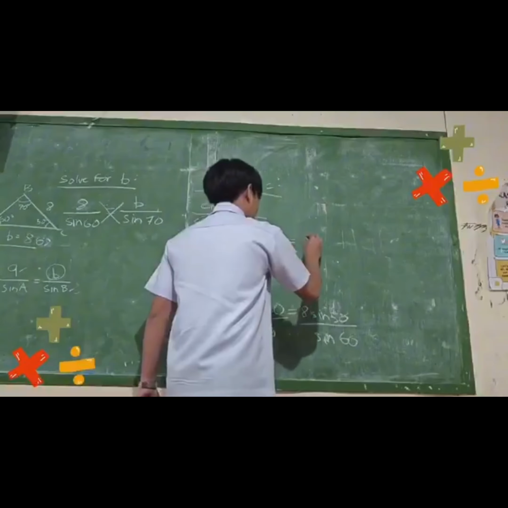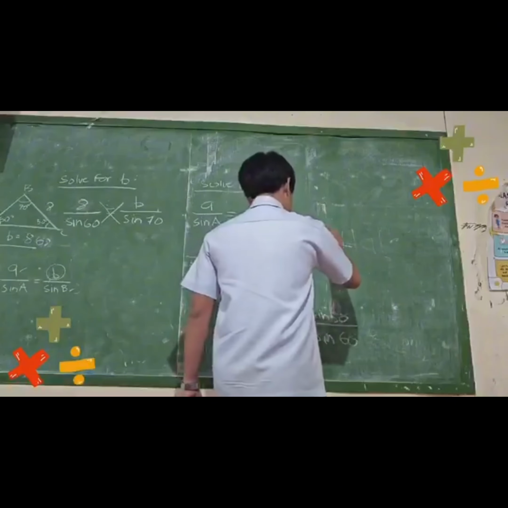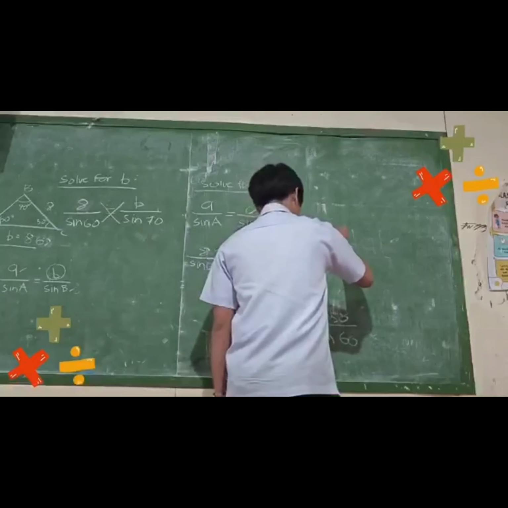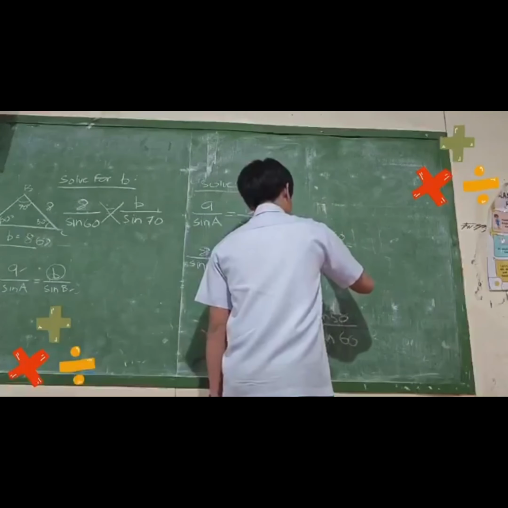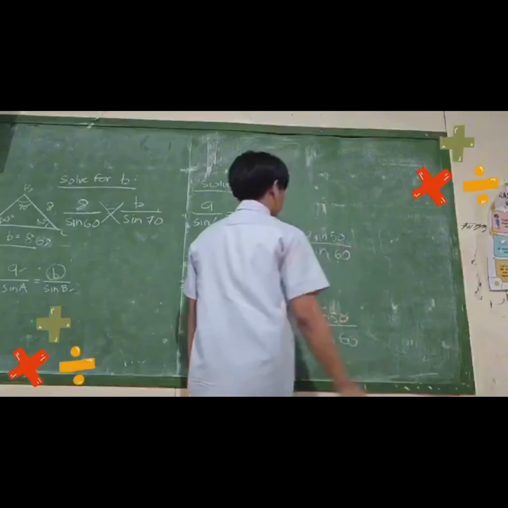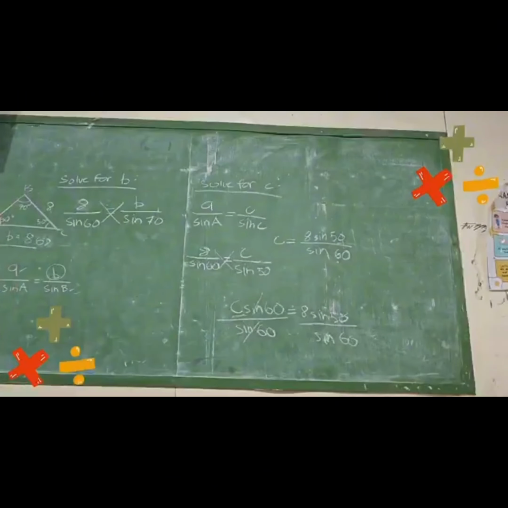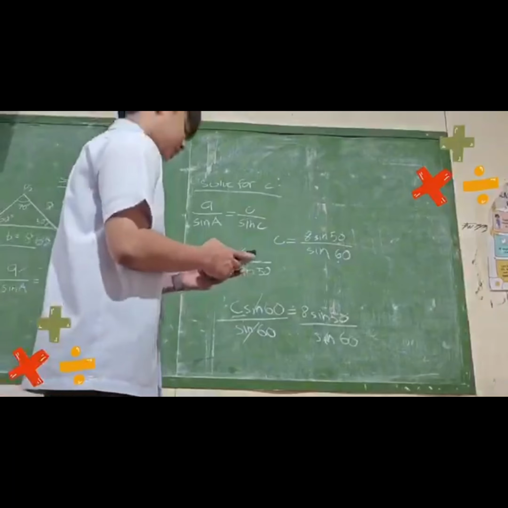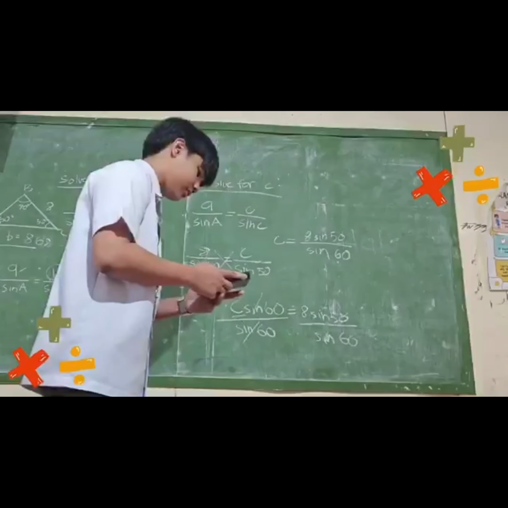C is equal to 8 sine 50 over sine 60. So let's go to our calculators. Remember, make sure to put it into degree mode.